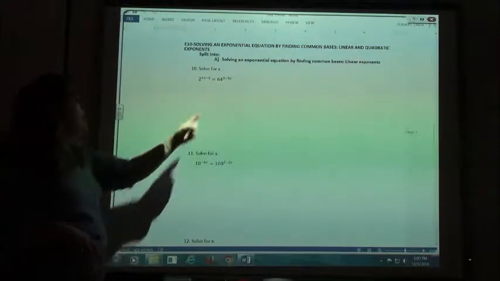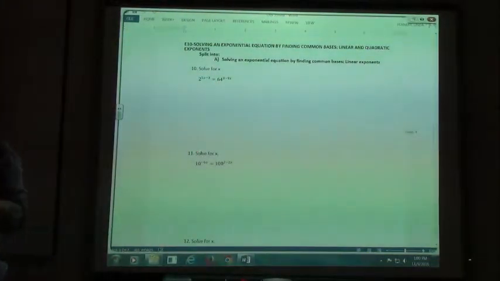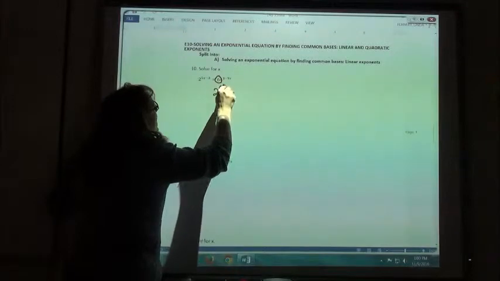So, in other words, 64 I can rewrite as a base 2 exponent, right? 64 is 2 to what power? 2 to the 6, right? 2 times 2 is 4, 4 times 2 is 8, 8 times 2 is 16, 16 times 2 is 32, and 32 times 2 is 64. Is that easy? So, I am going to replace the 64 with 2 to the 6th power.